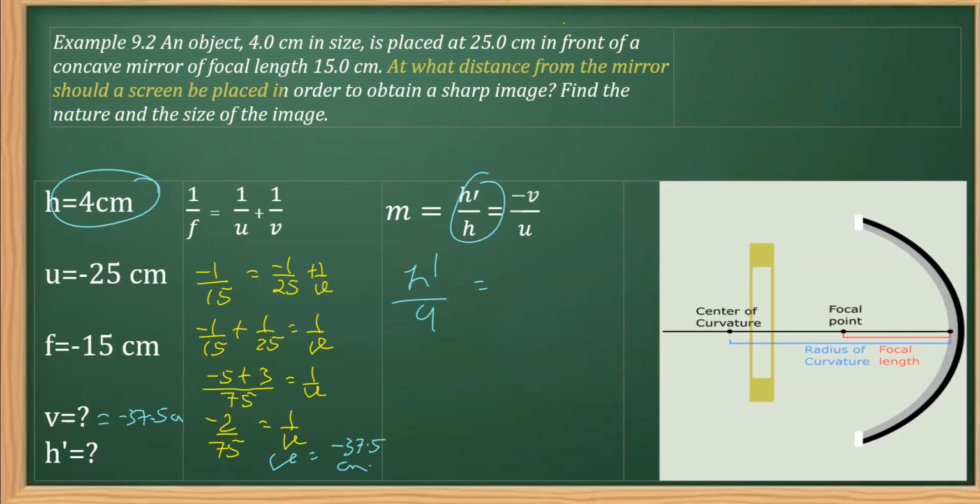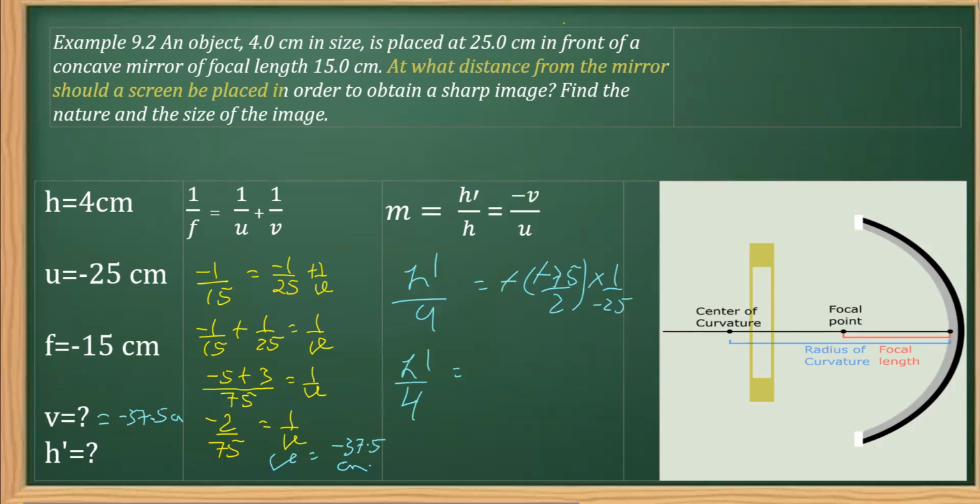As you can see, v here is minus 75 over 2, divided by u, which is minus 25. Dividing by a number is the same as multiplying with its reciprocal, so we reciprocate it.